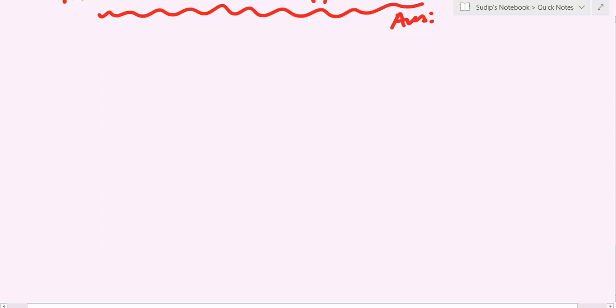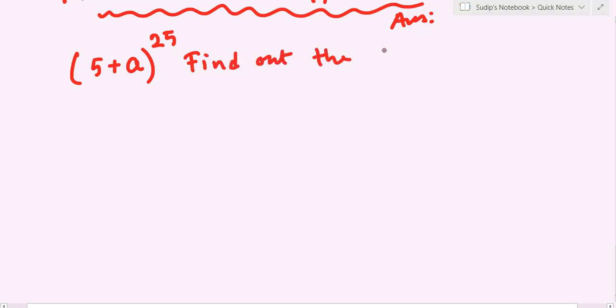Now suppose you are given 5 plus a, like this, 5 plus a whole to the power 25, and you are told to find out the 21st term.